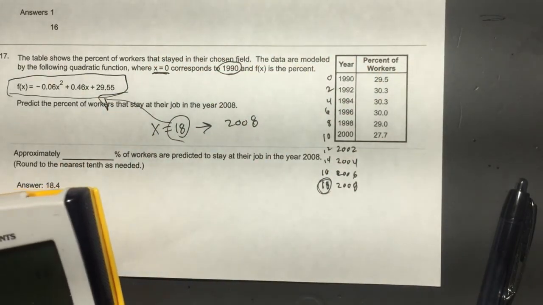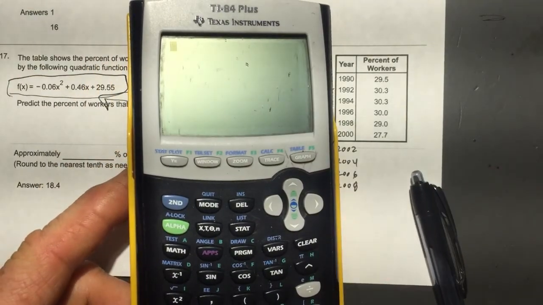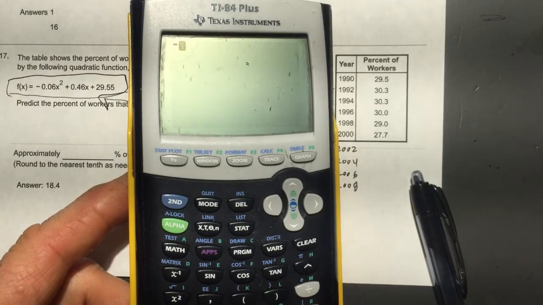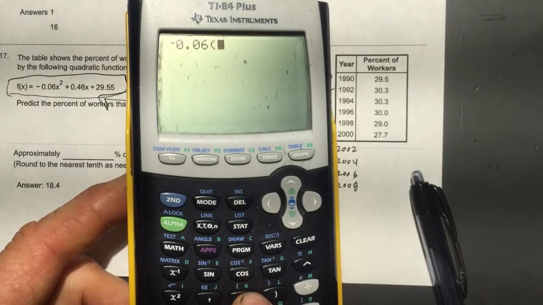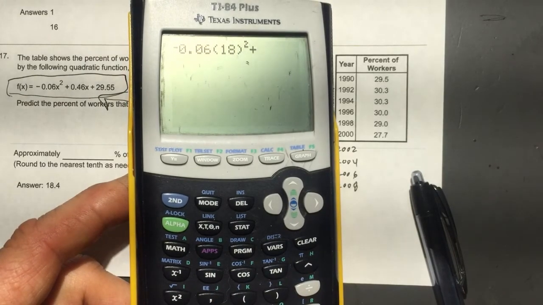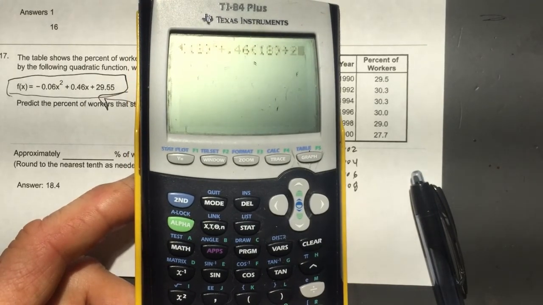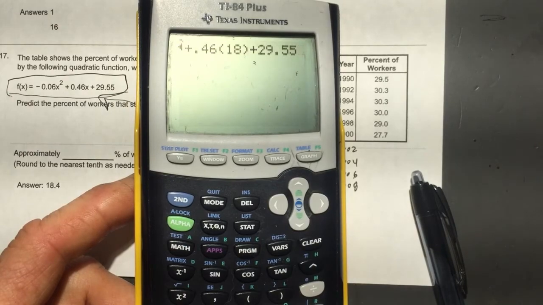All right, so let's type this in, so it's going to be a negative 0.06, and then in parentheses, I got 18 squared plus 0.46 times 18, and then plus 29.55.